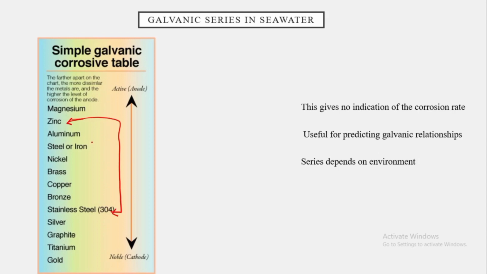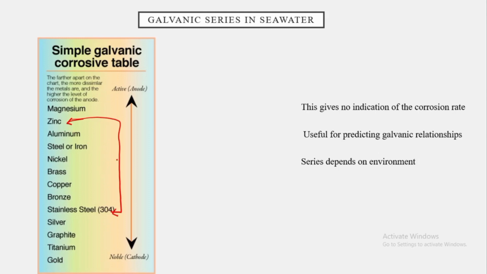Now let's see something. Since zinc is more active, in the ideal sense, the zinc will undergo dissolution and the stainless steel will be protected. The reason I say in the ideal sense is because there are some conditions. If the size of the cathode and anode is not as wanted, then it gets to a time that one can undergo dissolution and one can be protected.